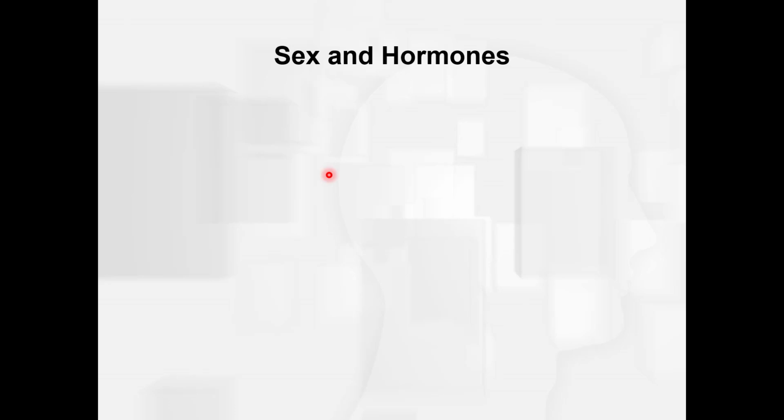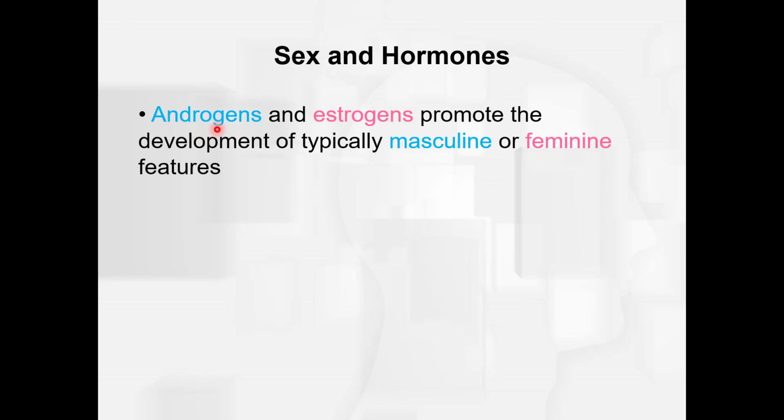As we said a couple slides ago, the two main sex hormones are androgens and estrogens. Androgens are going to promote the development of typically masculine features, with testosterone being one type of androgen, and estrogen is going to promote the development of feminine features. Here I've color-coded them to maybe help you remember which is which.